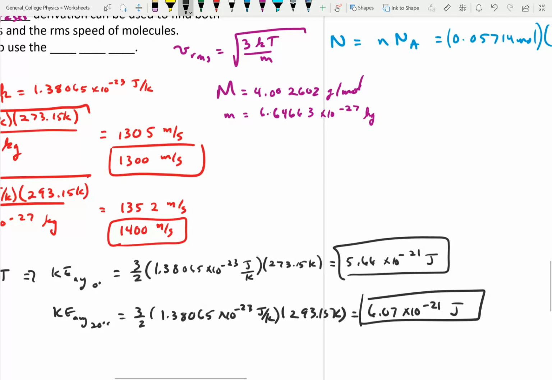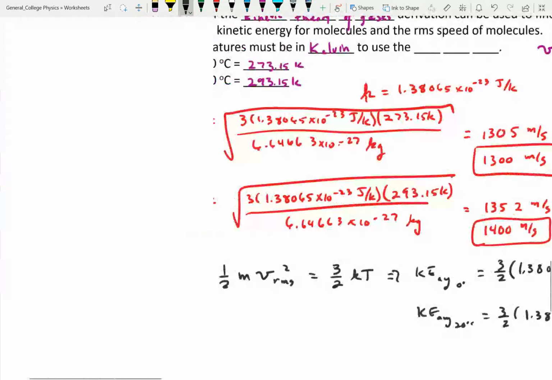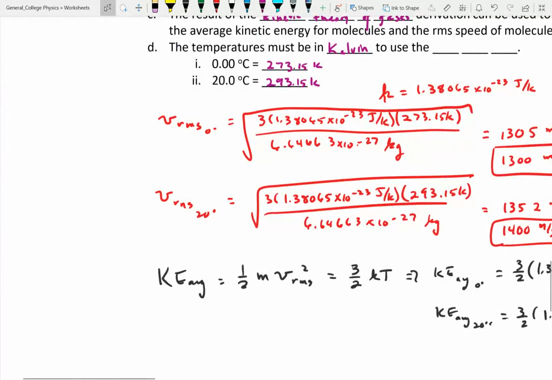So the difference in RMS speed between nitrogen gas, which is roughly air, and helium is going to be the square root of 28 over 4. 28 over 4 is 7, and so I take the square root of 7, and that should be roughly the ratio there.